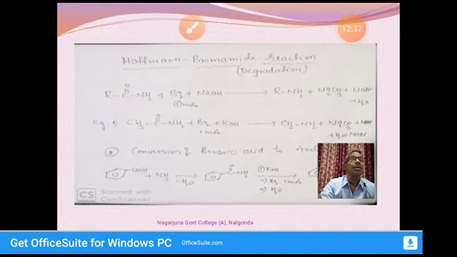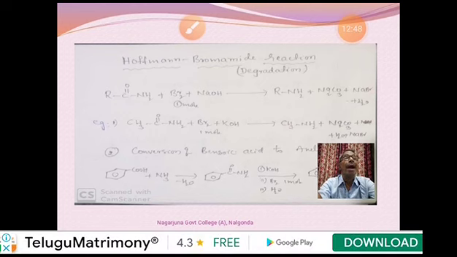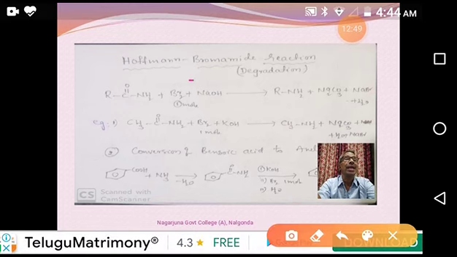The mechanism we'll discuss in detail. Hofmann is the name of the scientist who developed this reaction. Bromamide is an intermediate which is formed in this reaction. When we observe the mechanism, it will be known.